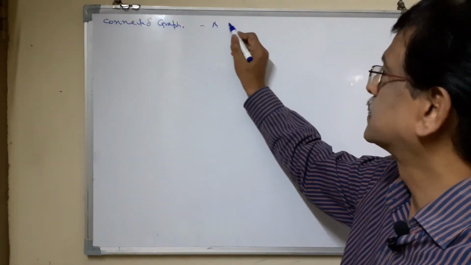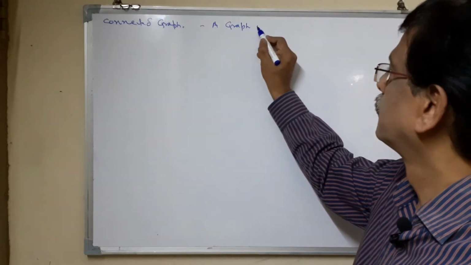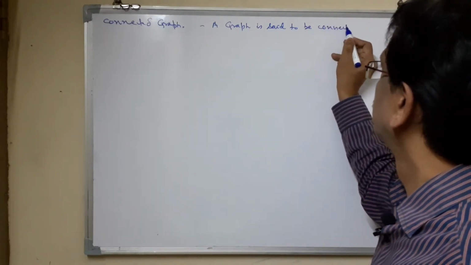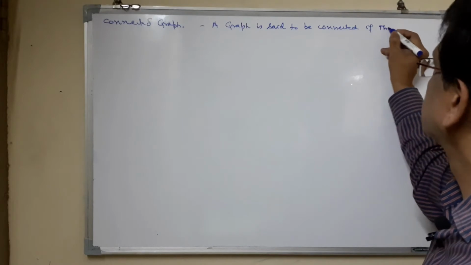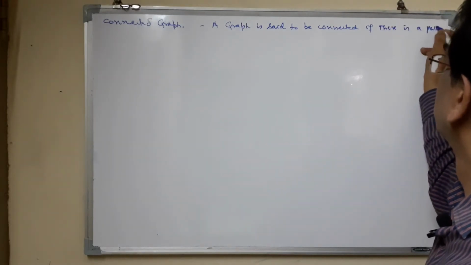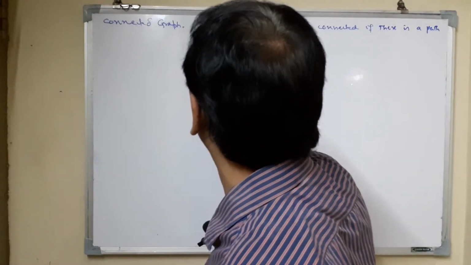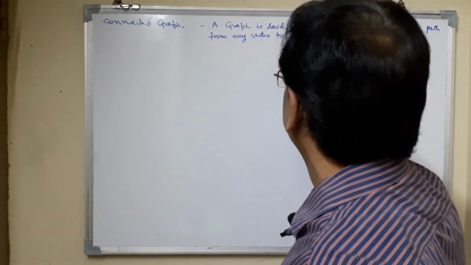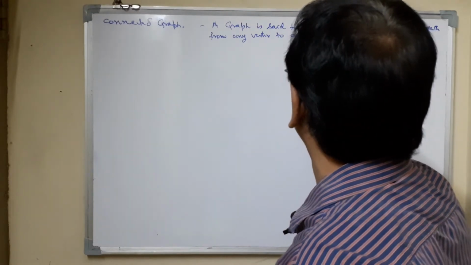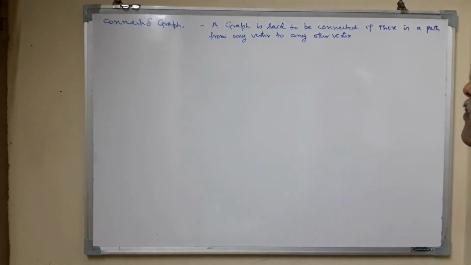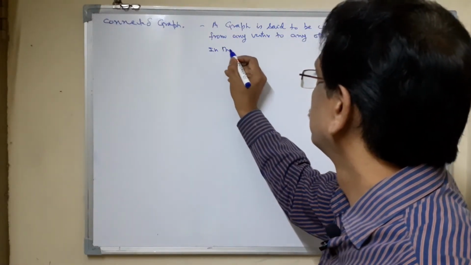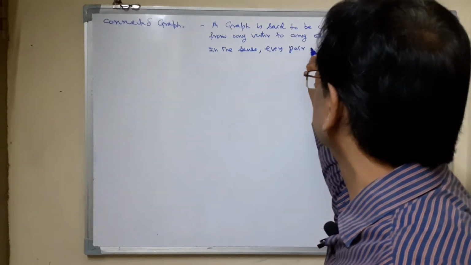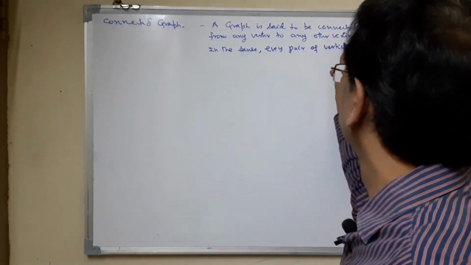A graph is said to be connected if there is a path from any vertex to any other vertex, in the sense every two vertices are path connected, every pair of vertices are path connected.